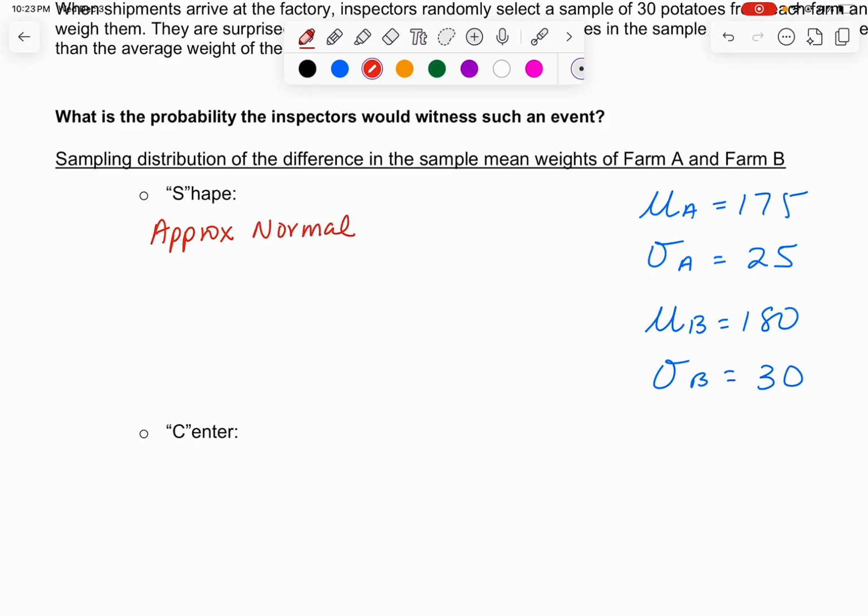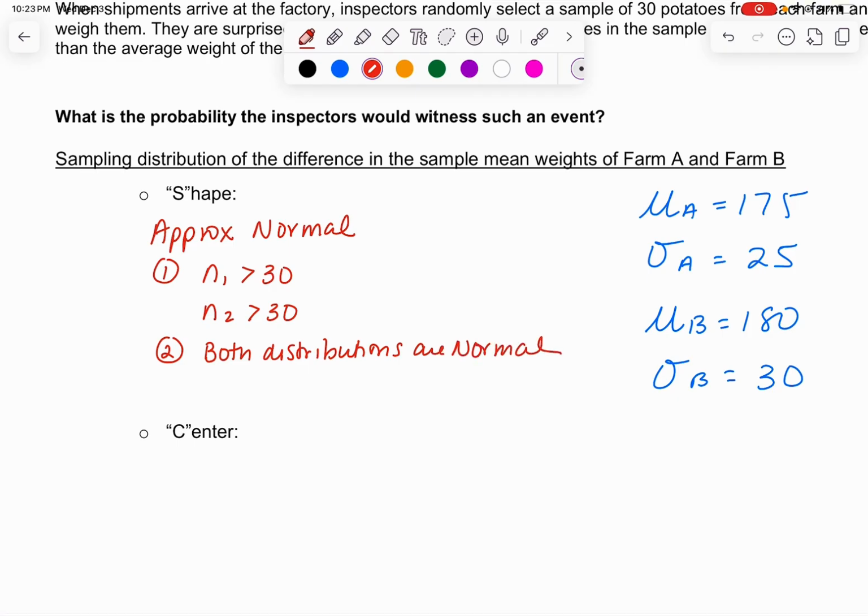And to check for normality, make sure that your n1 is greater than 30 and your n2 is greater than 30, if your population is not symmetric and normal, or you can check that both distributions are normal. Again, just because there's two groups. So the shape will be approximately normal if you follow your CLT, or if the population distributions are already normal, then you're good to go.